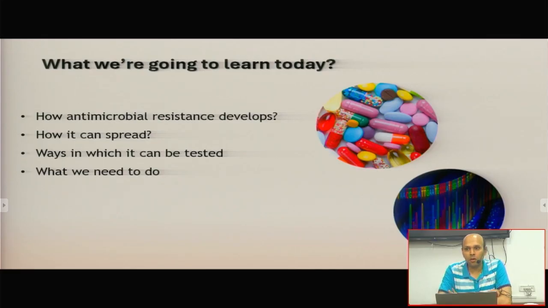Yesterday, you saw how antibiotics increase life expectancy, right? By how many years? 23 years, yes. So today we are learning about how resistance develops, how it can spread, ways in which it can be tested, and what we can do about it.